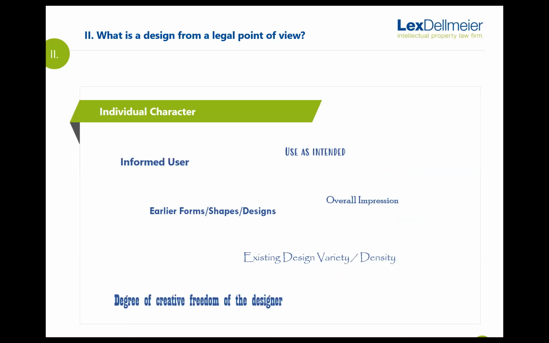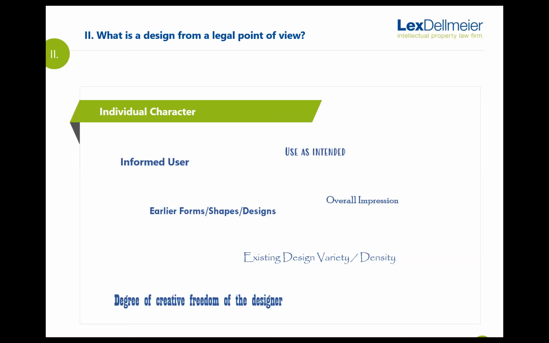Besides the novelty of a design, we said that it also needs to have individual character. Now, the individual character depends on the forms, shapes, and designs that already exist in the market at the application or priority date of the new design.